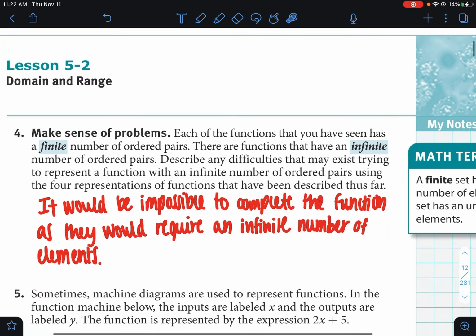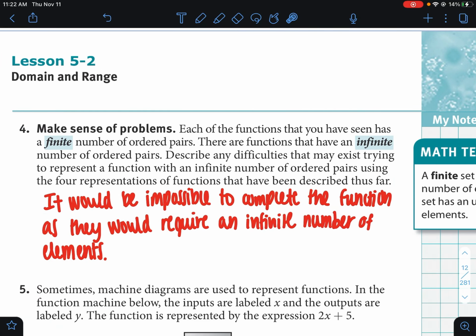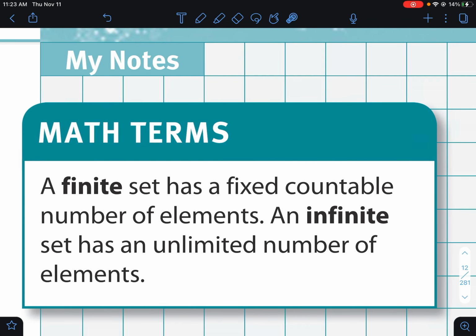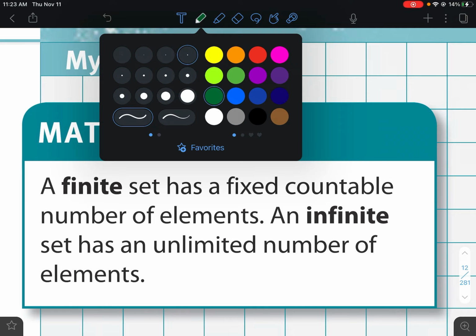Then the next one here, number 4, make sense of this problem. Each of the functions that you've seen has what's called a finite number of ordered pairs versus infinite. So we're going to go over here. A finite set has a fixed countable number of elements.